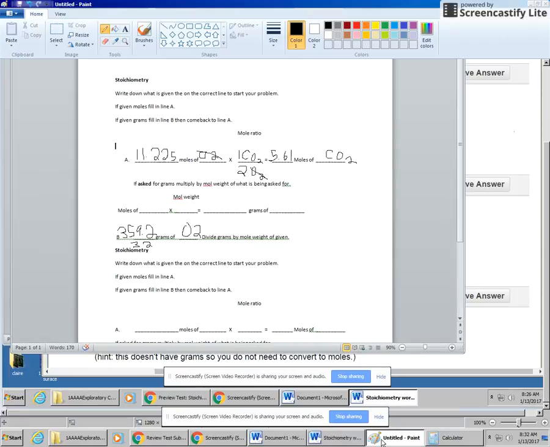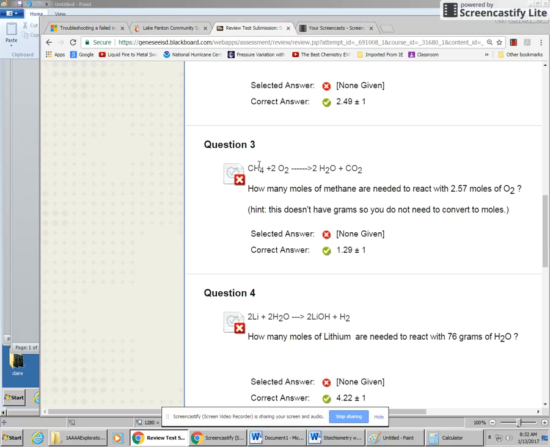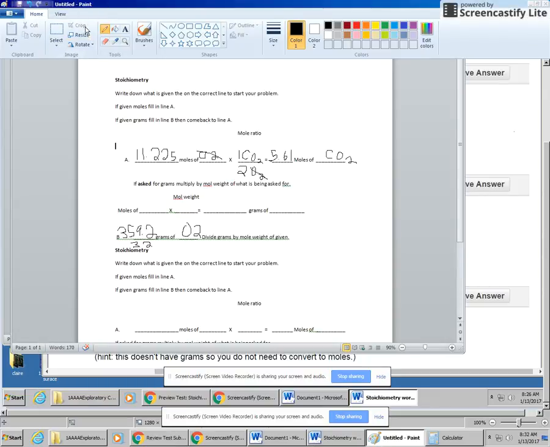So on this, if you already have moles, then you just go to moles. Like, how many moles of methane are needed to react with 2.57 moles of O2? Well, you write down what you have first, and then you do the exact same thing. You set up your mole ratio, and instead of O2, we got methane now.